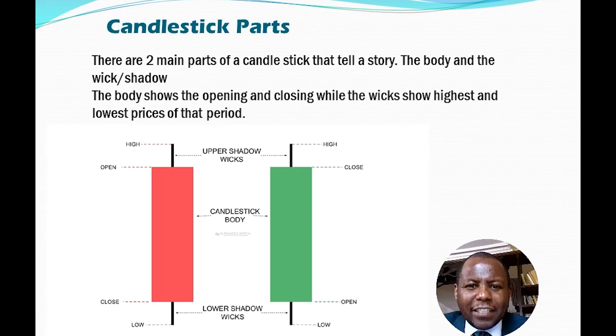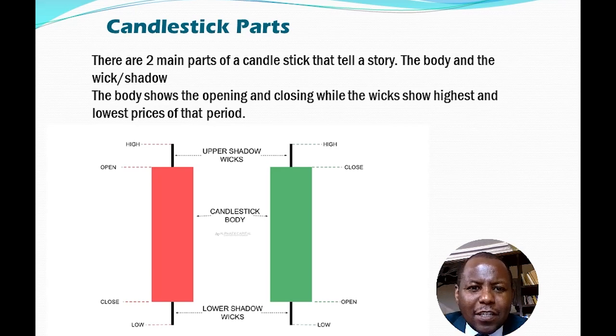But you have the opening right below it. Then you have the close, which is at the end of the body, the base of the body. Then the lowest part there, marked low, is the lowest of that particular asset within that time frame. I'll go over this again so that you can understand it perfectly.